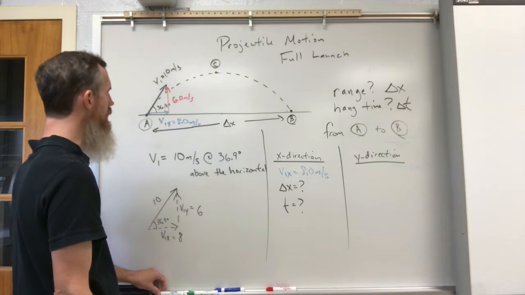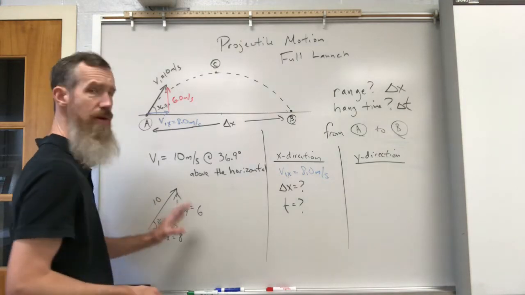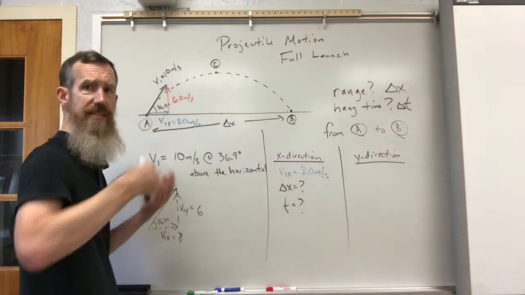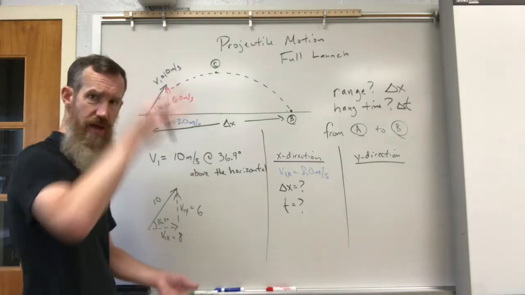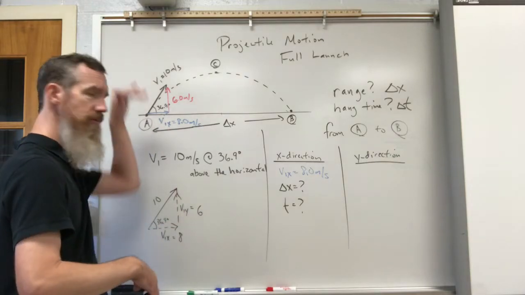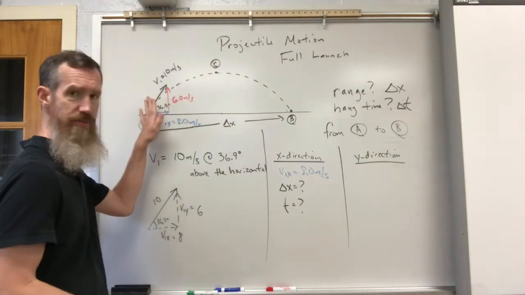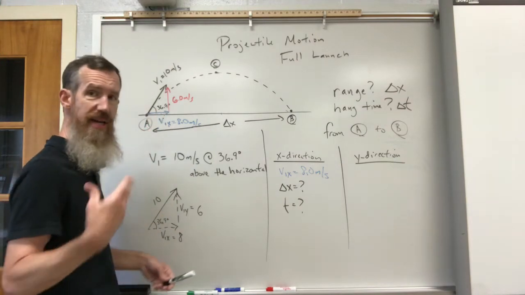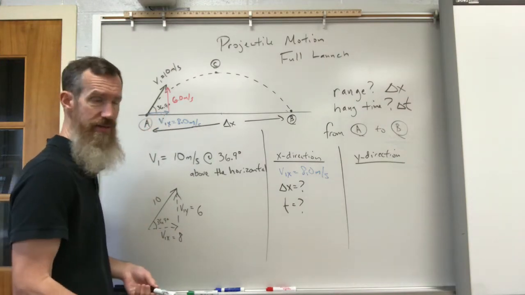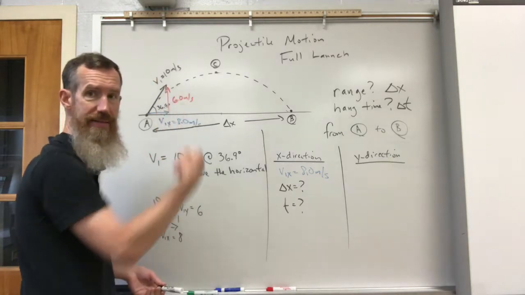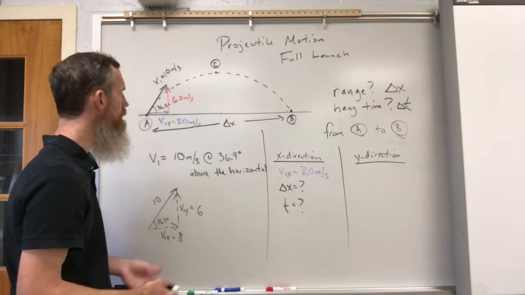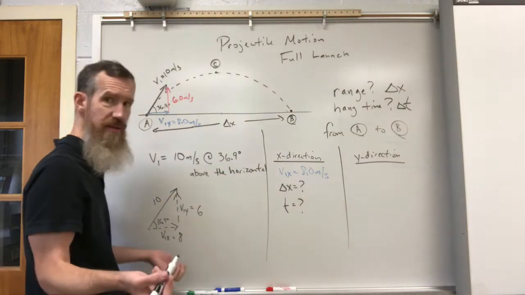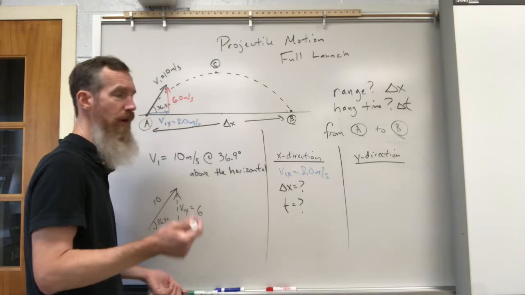The other thing we do know in the y direction is once it's launched, as we saw in the previous video with the launch, it's in free fall. It's as if it's just moving up and down without sideways motion. So this is launched upward at 6 meters a second. It's going to undergo the acceleration due to gravity. So it's going to go up, slow down, stop, and come back down again. And so let's approach that y direction as if it were just a linear acceleration problem due to free fall.